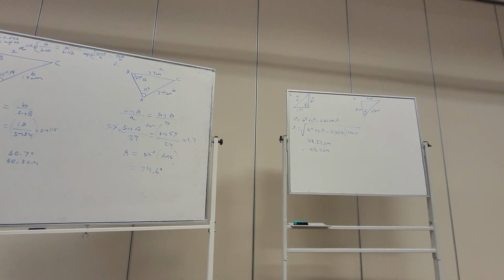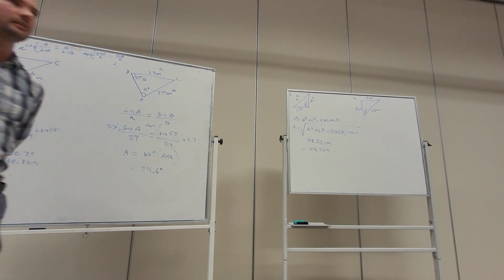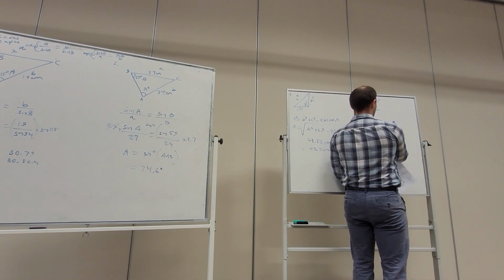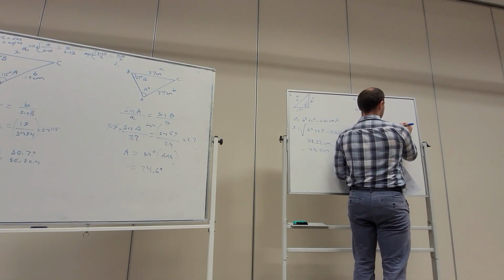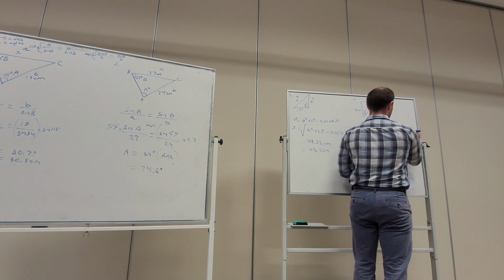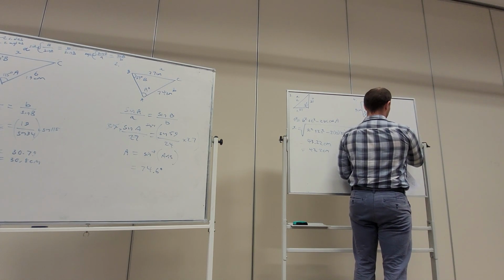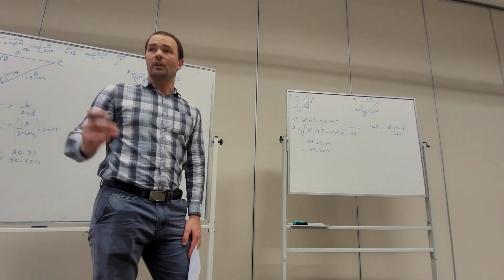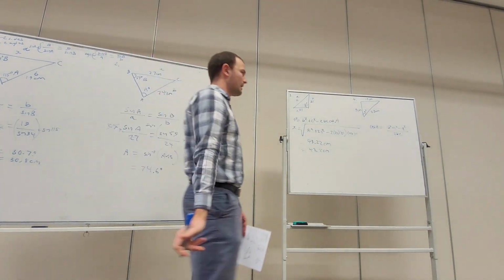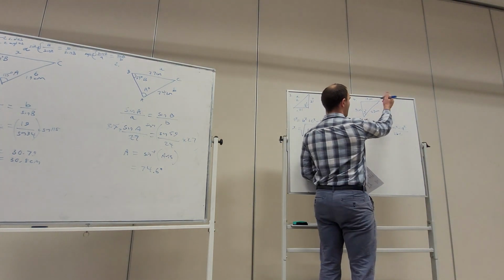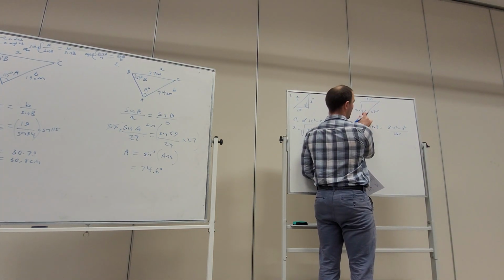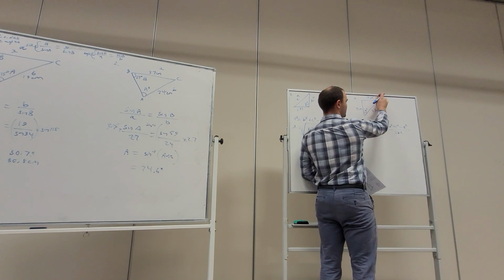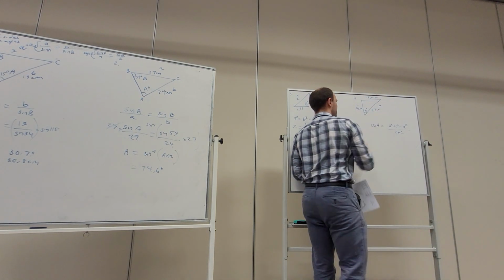Okay, last one. We're using the cosine rule to find an angle. When it's represented as finding an angle, we've got cos of A is b squared plus c squared, take a squared, on 2 times b times c. And again, try and think about it as succinctly as possible. Let's identify A. If that's the angle we're trying to find, then this is angle A and side A. B and C don't matter.